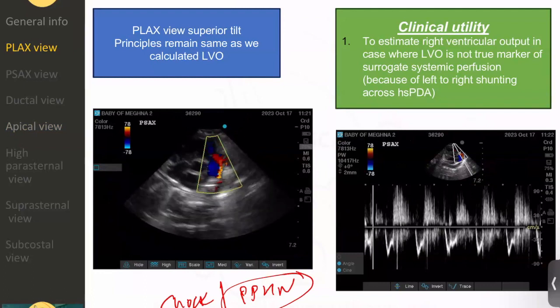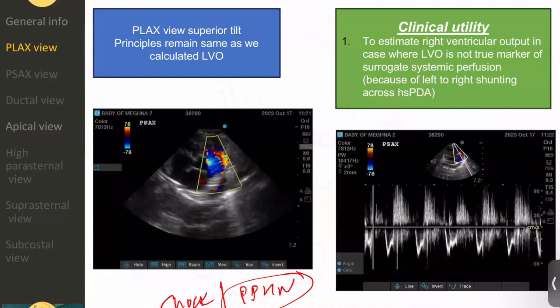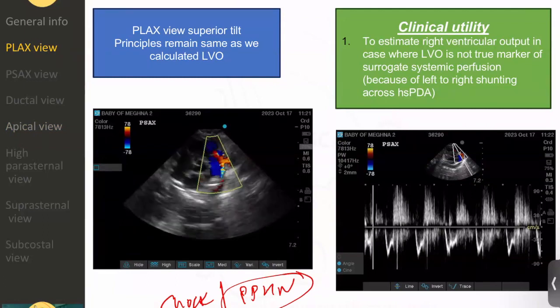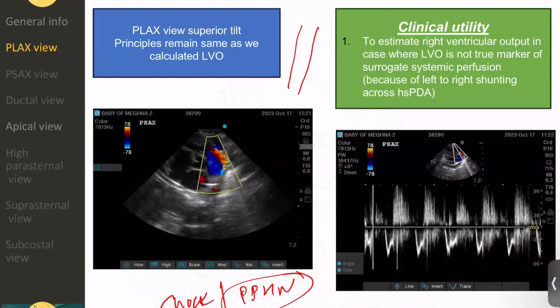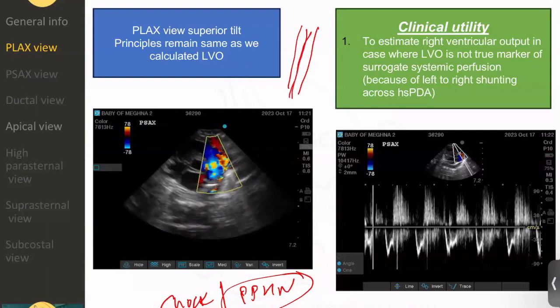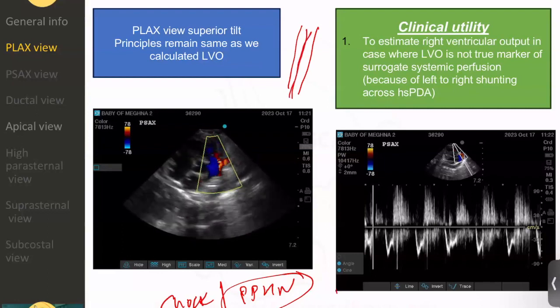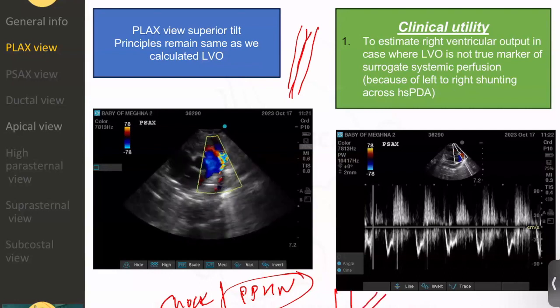Now tell me, for flow, what was the principle? To estimate the flow, if your flow is in this direction, your ultrasound beam should be parallel. If the flow is in this direction and your ultrasound beam is like this, you will always underestimate the flow. This angle is called the angle of insonation.